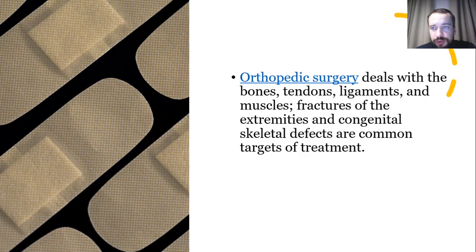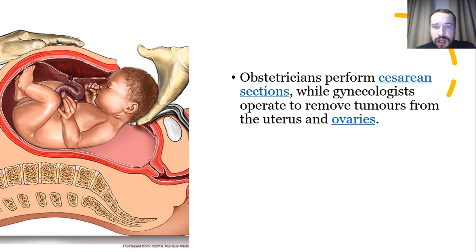Orthopedic surgery deals with the bones, tendons, ligaments, and muscles. Fractures of the extremities and congenital skeletal defects are common targets of treatment. Obstetricians perform caesarean sections, while gynecologists operate to remove tumors from the uterus and ovaries.